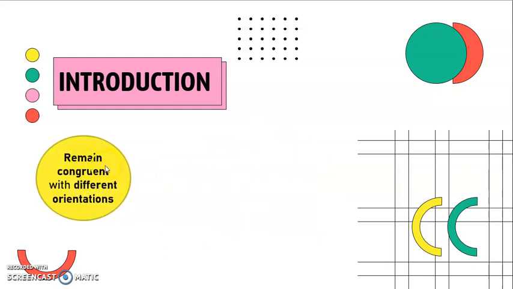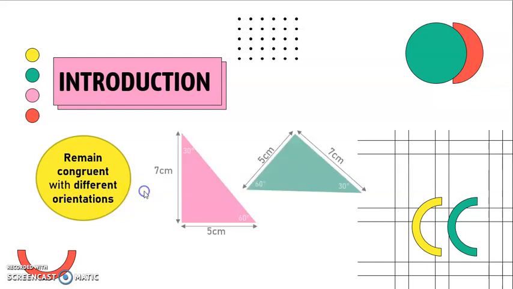The shapes remain congruent with different orientation. Different orientation meaning that it has different rotation or position. So for example, you can see these two triangles have different orientation. However, they have the same size. We can say the same shape also.